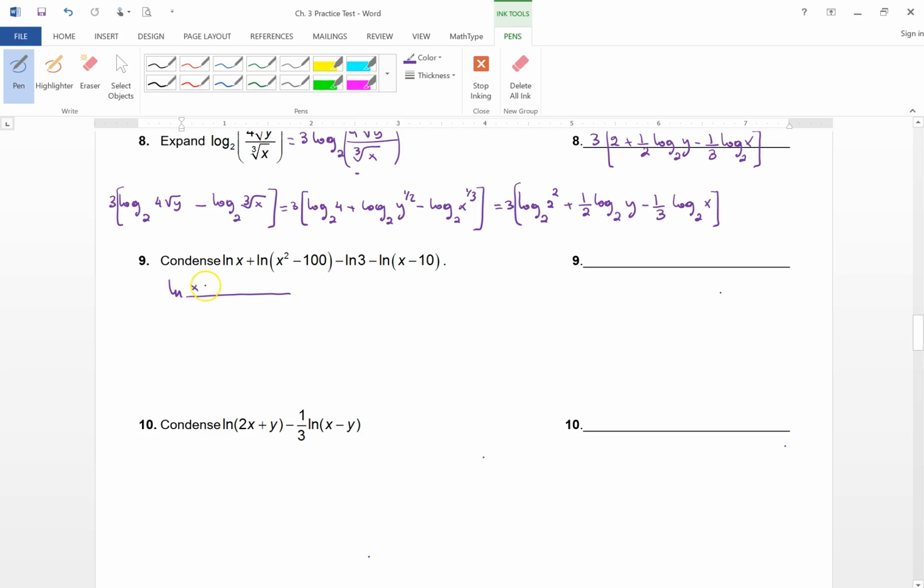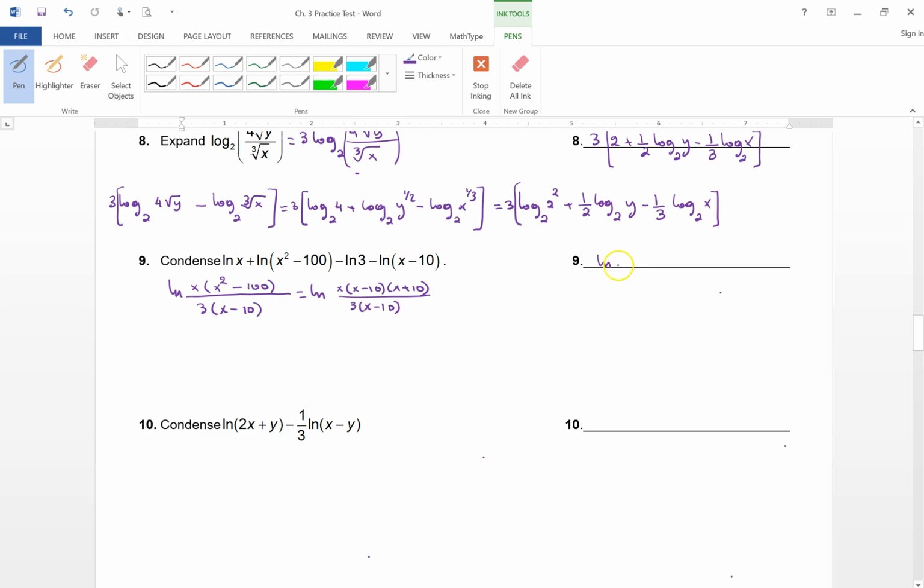Okay? All right, so here we're going to have a fraction. You have ln of x times x squared minus 100, and whatever has a negative goes downstairs, right? So 3 times x minus 10. And here we need to simplify. x minus 10, x plus 10, 3 times x minus 10.